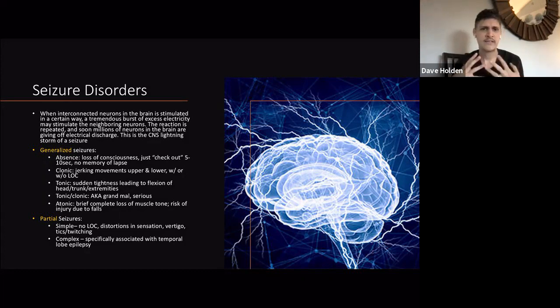You may lose your balance, get some vertigo. You may have a little tic or twitch, but it's usually brief and transient. On the other hand, complex partial seizures are known to occur, and this is specifically associated with temporal lobe epilepsy.